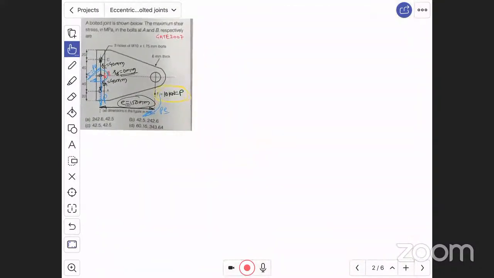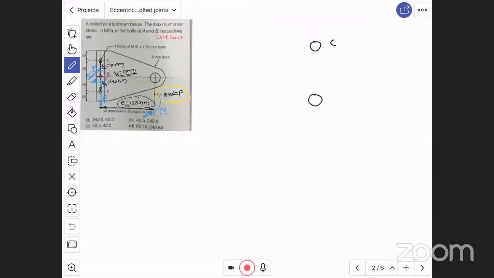Now here the bolts are: topmost bolt is C, middle is B and bottom is A. Now at B we can directly put the applied load of 10 kilonewton as it is, which is nothing but P. And there will be a torque in clockwise direction, which is P into E, which is 10 into 150, that is 1500 kilonewton mm.